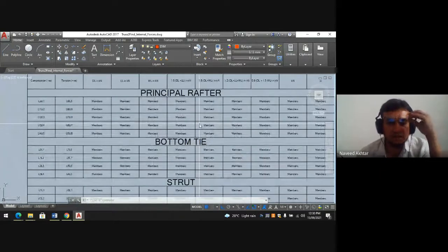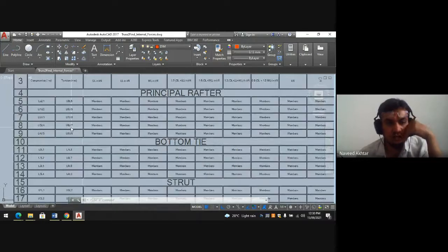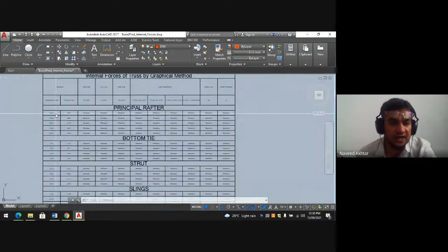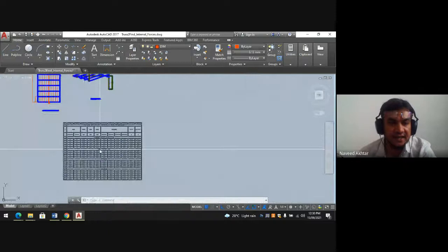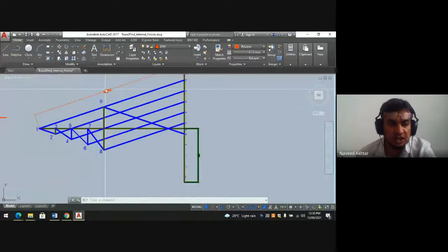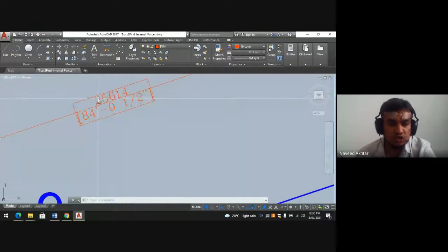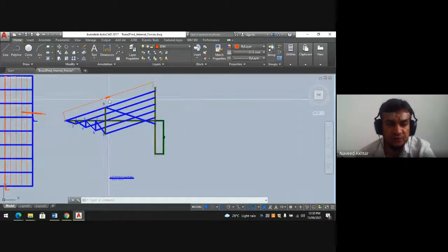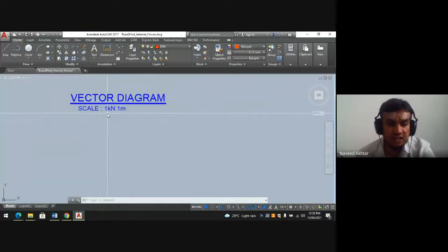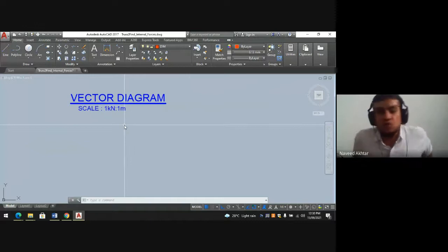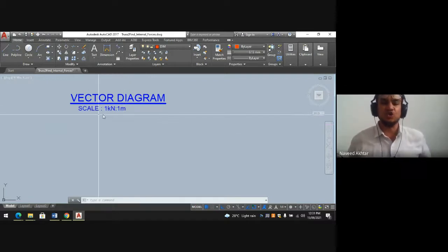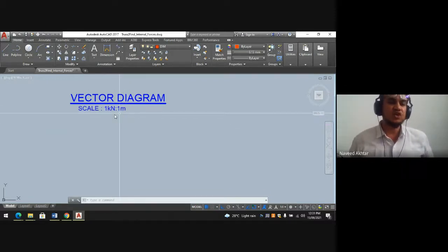Is it understood? So likewise you have to find out. So the first, L0 U1, U9 L8, is nothing but this. So this distance is 25.640. Our scale, what we have taken, is 1 kilonewton is 1 meter. That is 25.61 meter, that is 25.61 kilonewton. Because 1 meter is equal to 1 kilonewton. So 25 meter means 25 kilonewton.